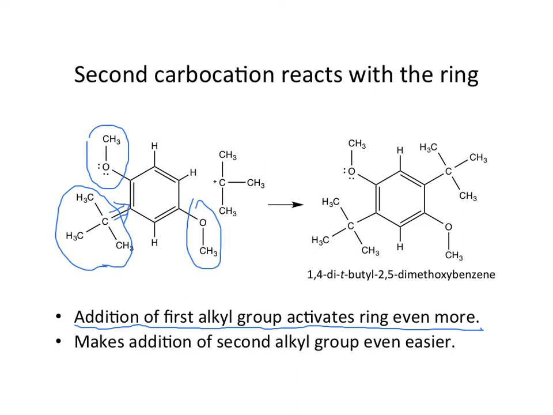So going through this reaction again to add the second tertiary butyl group is even easier and occurs even faster than the first one. And we end up with our product, the 1,4-ditertiary butyl-2,5-dimethoxybenzene.